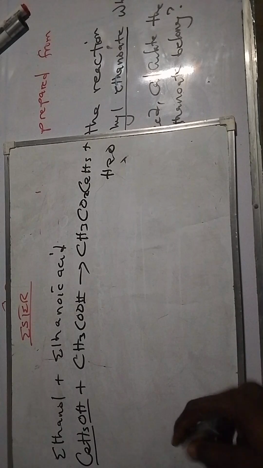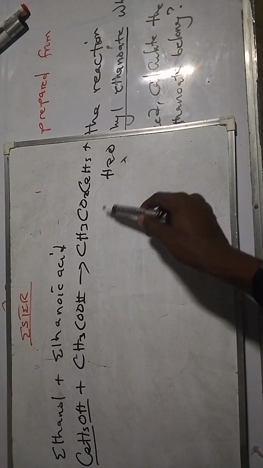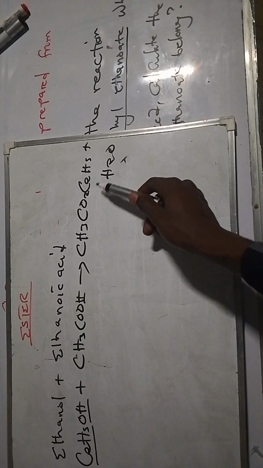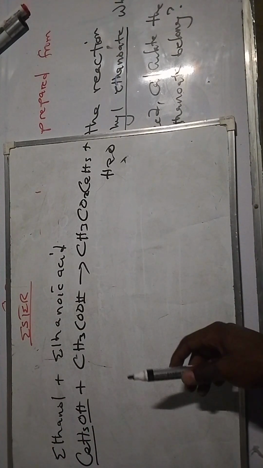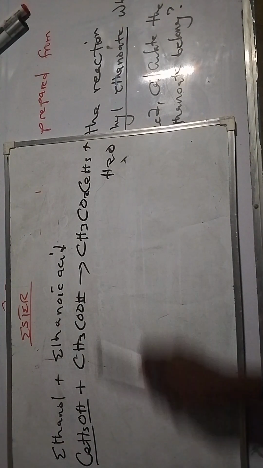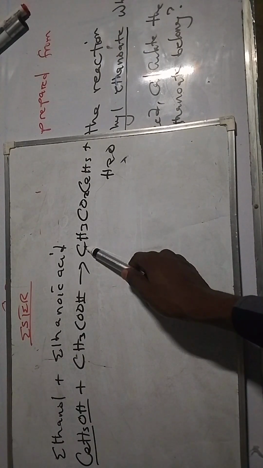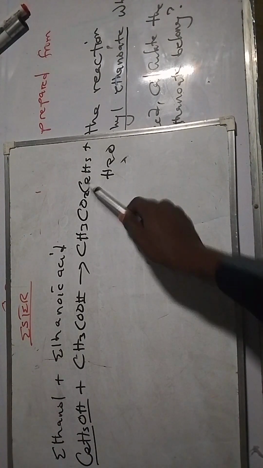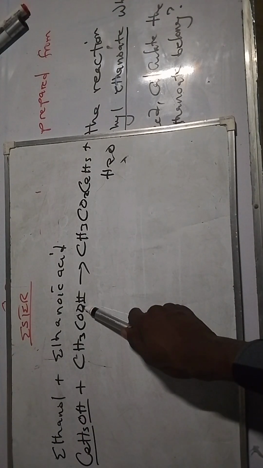For the benefit of doubt, we have a number of carbons here, then we can also compare here. From here, the number of carbons is 2 plus 2, we have 4. Here we have 4. Oxygen, we have 1 plus 2, which is 3.